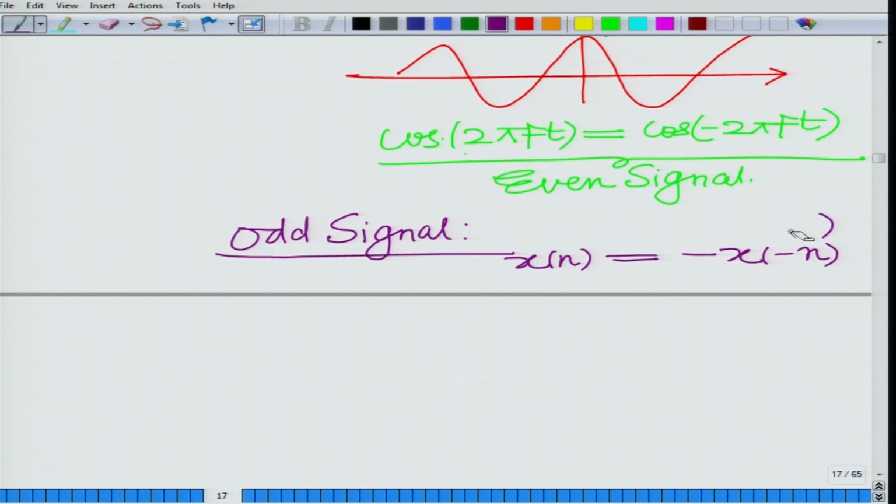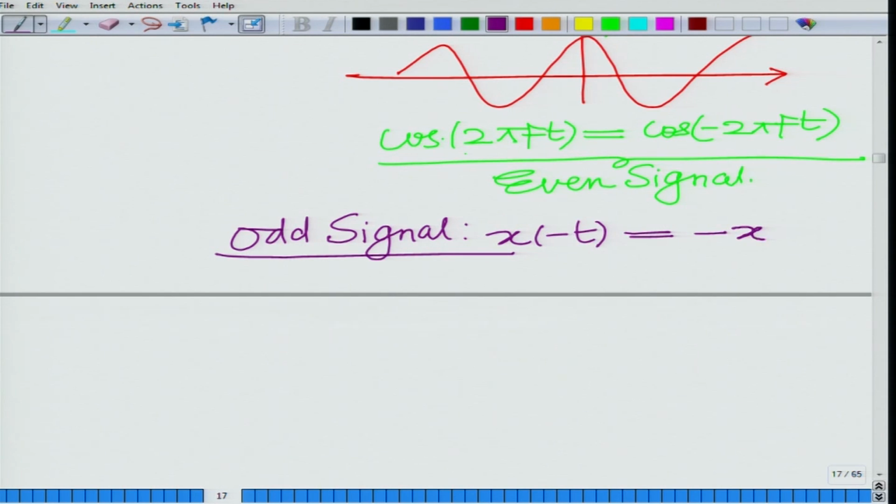So, let me write it in a slightly different way. X of minus t equals minus of x of t, and x of minus n equals minus of x of n. I think that is a slightly better way to write the definition of an odd signal.